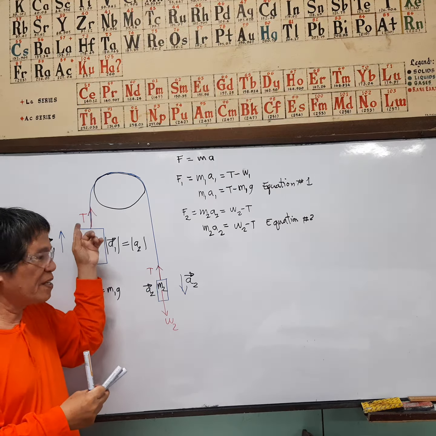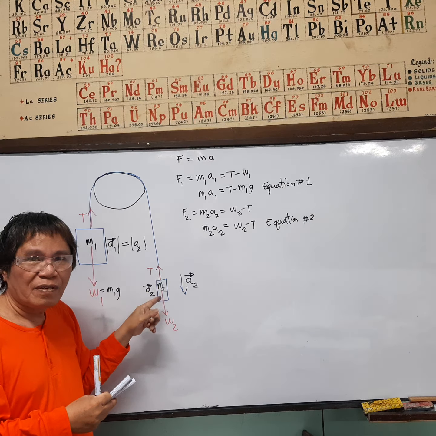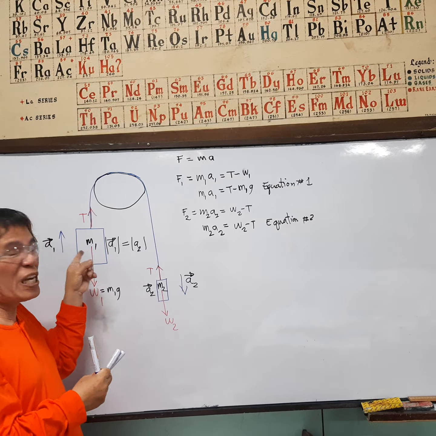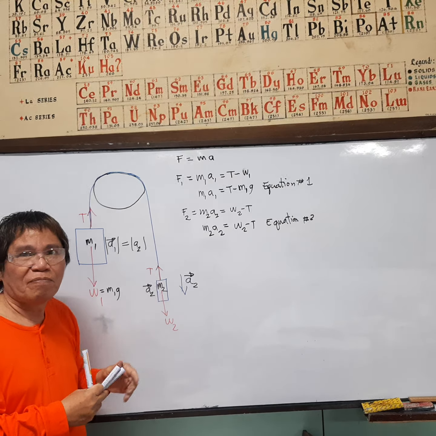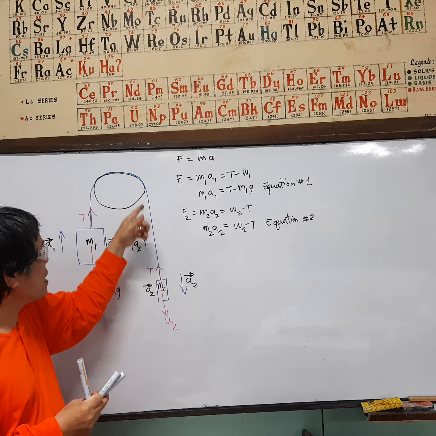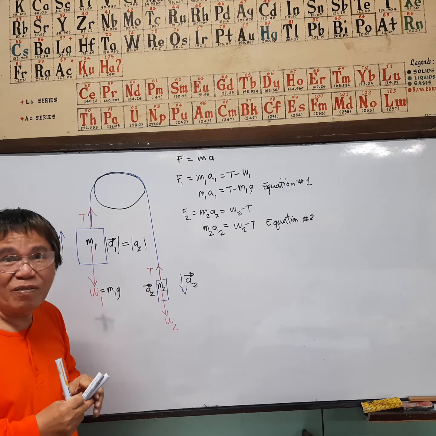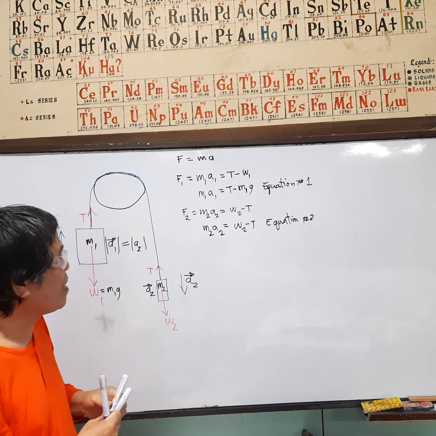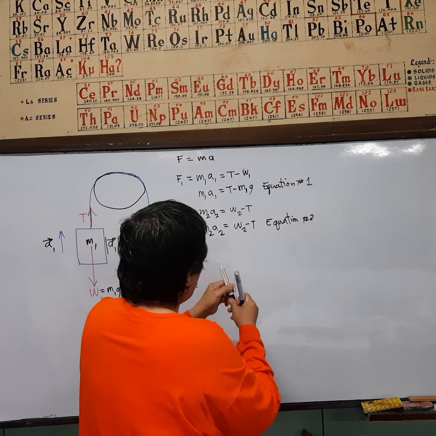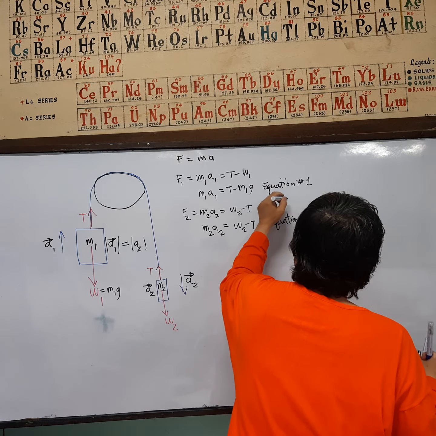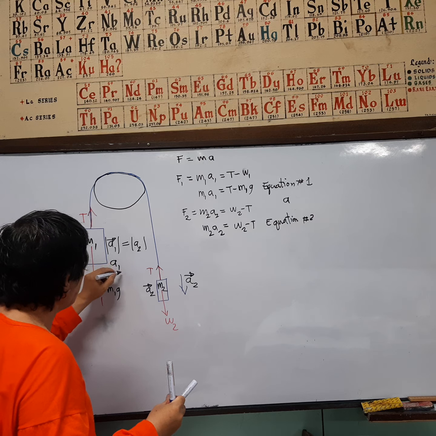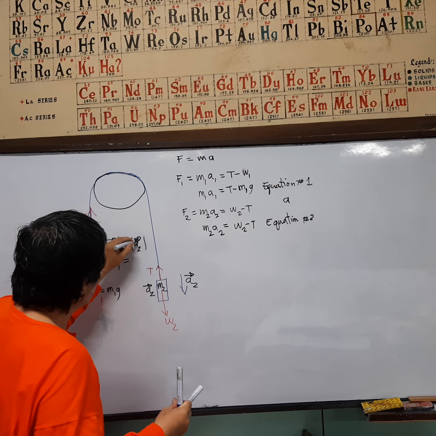If this one moves faster up, this one moves faster down. If this one moves slower, this one moves slower down. If this stops, this will stop. That happens because they are connected with the same cable. Okay, now, therefore, we can say here that if we take the magnitude, the absolute value, A1 equals A2.